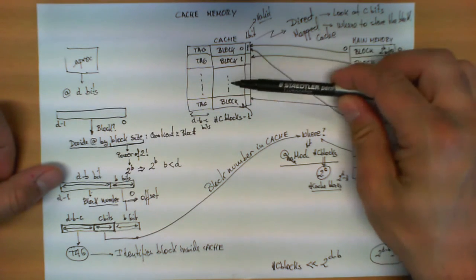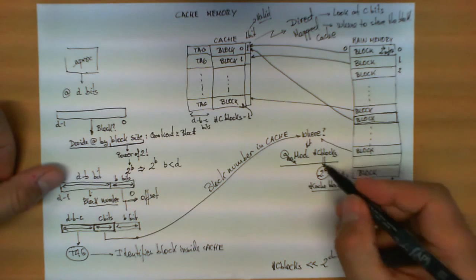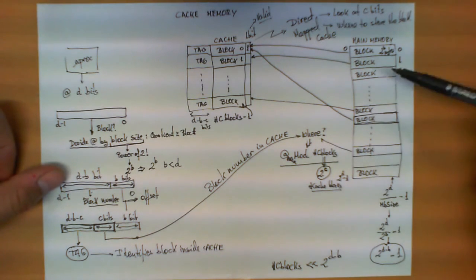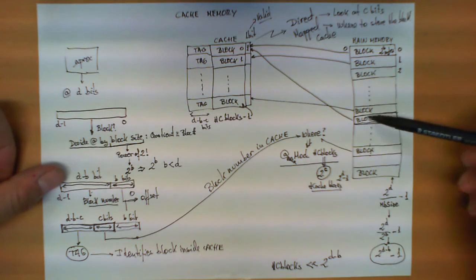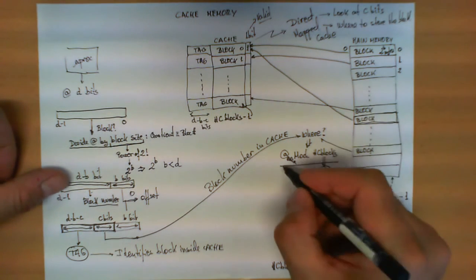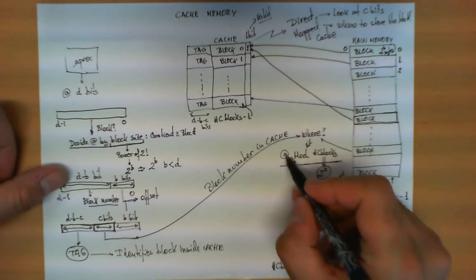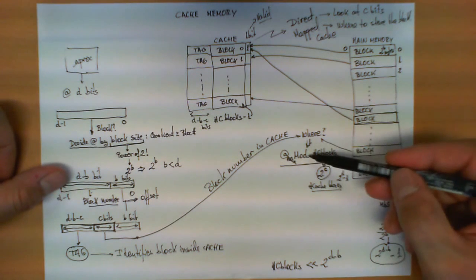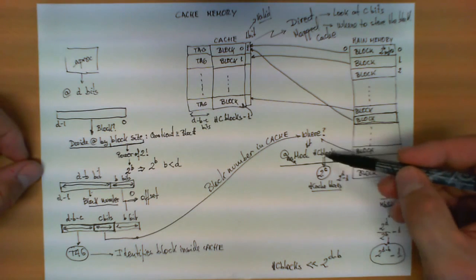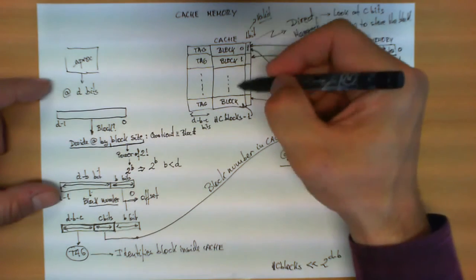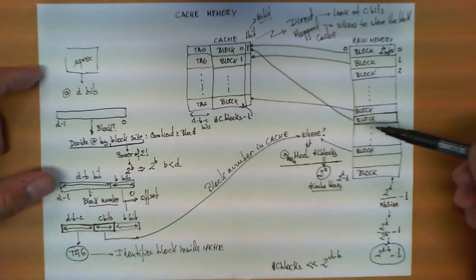Typically, the number of blocks here is also a power of 2. Why? Because in order to figure out which cache slot should be occupied by one memory block, we need to perform the modulo operation on the address of the block. And the modulo operation, again, is performed trivially if this number is a power of 2. So typically cache memories have a number of blocks which is a power of 2.